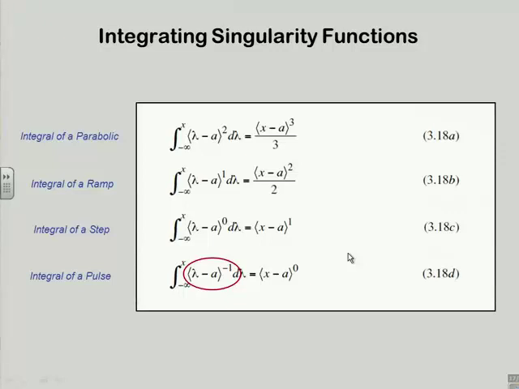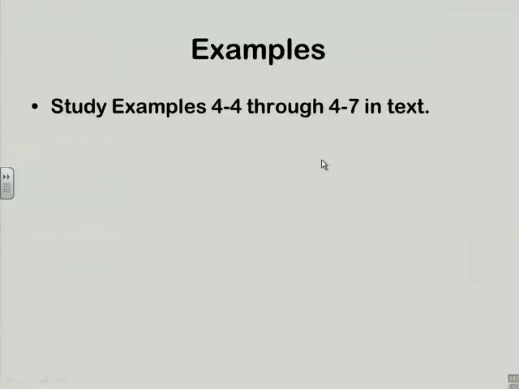So a -1 function, which is an applied point load, integrates to a step. So that means the pulse in my loading diagram becomes a step in my shear diagram, right? And that step in my shear diagram becomes a straight line in the moment diagram, right?